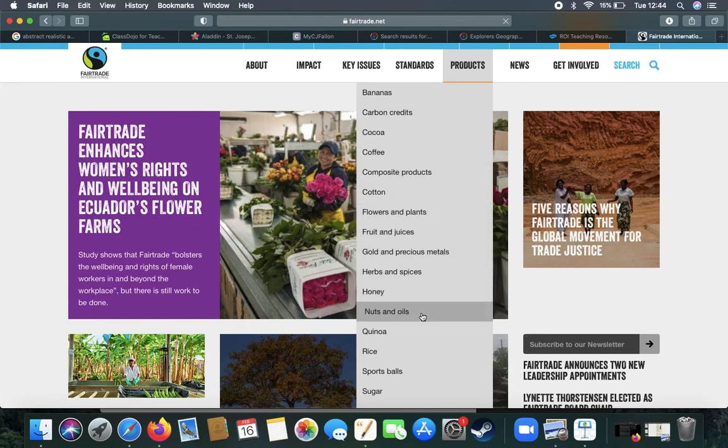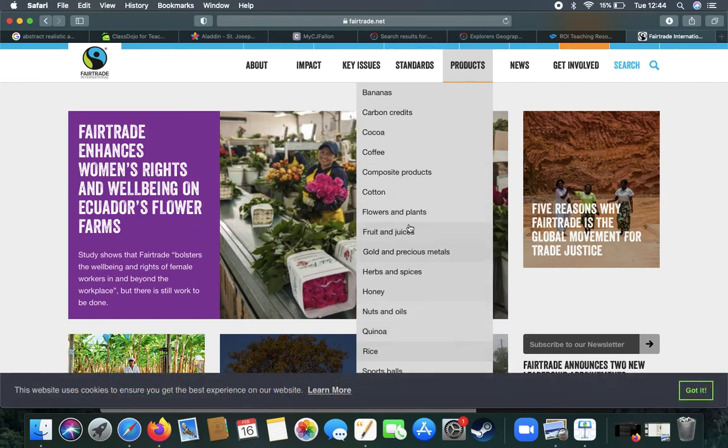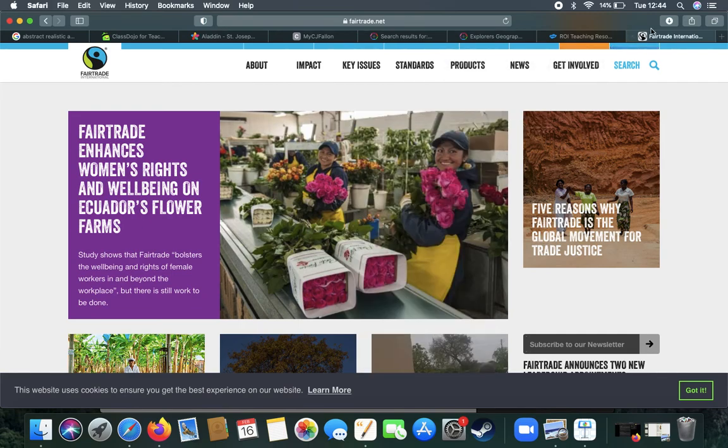There you go. So you can use this as well as a useful source. Look at all of those: quinoa, rice, nuts, oils, honey. Looking up maybe on Tesco these products to compare and see what's fair trade and not. And you can use facts from this website for your letter.